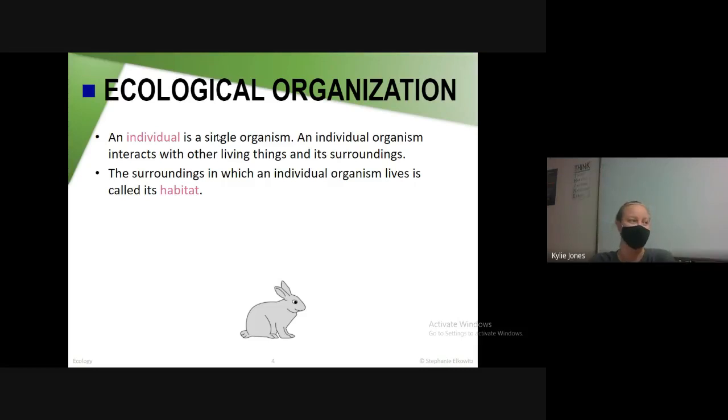Okay? So you can copy and paste over just that first bullet point if you want to. An individual is a single organism. Okay? And I will give you a minute here.